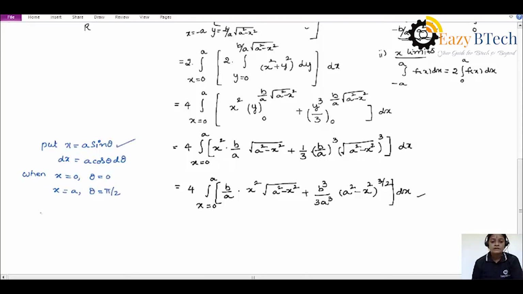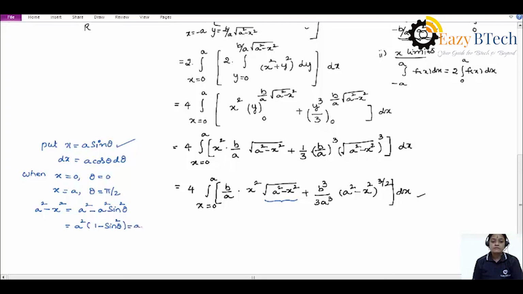Here the term root of a square minus x square is there. So at first I am finding a square minus x square. So a square minus x square, with x equal to a sin theta, x square is a square sin square theta. So a square as a common, 1 minus sin square theta.